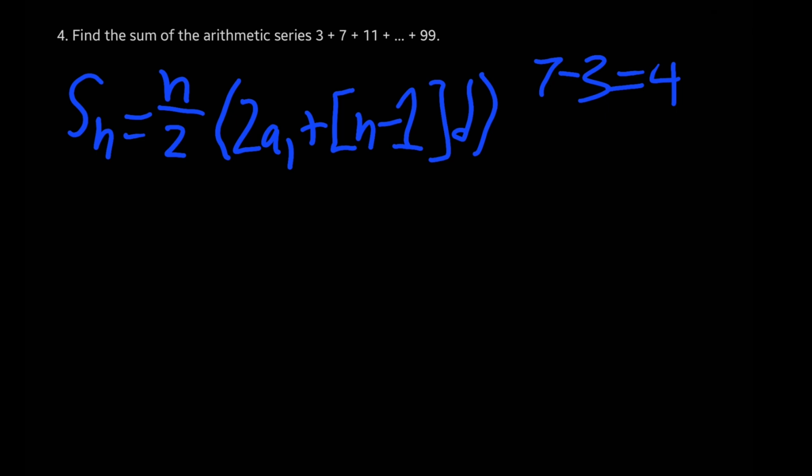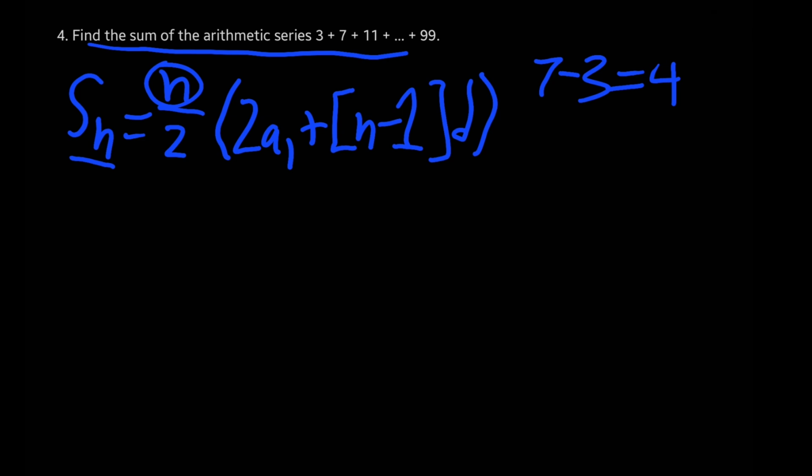For example, this s sub n asks for the total amount, which clearly in the question we don't have, and neither do we have the n, or the amount of terms within this sequence. It would be rather tedious to count from 3, 7, 11, 15, and so on.